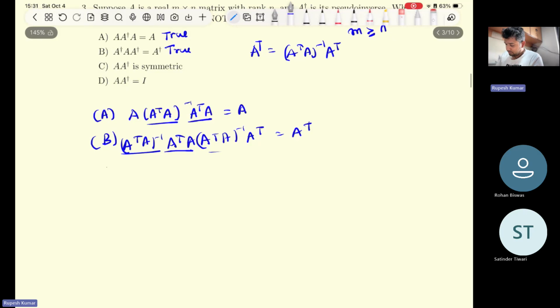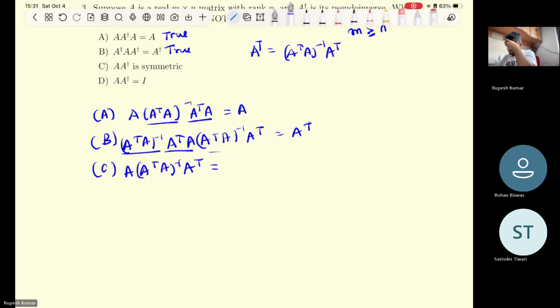Now A into A dagger. This is a very straightforward problem, right? There is nothing to have issues with. So you can simply expand this. So it becomes A inverse transpose into A transpose. These two become identity and it becomes A into A inverse, right?